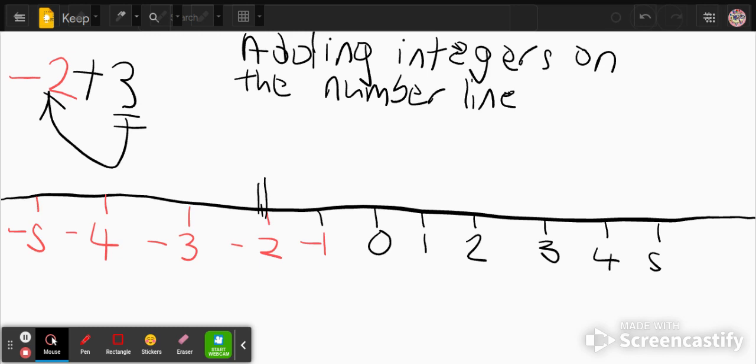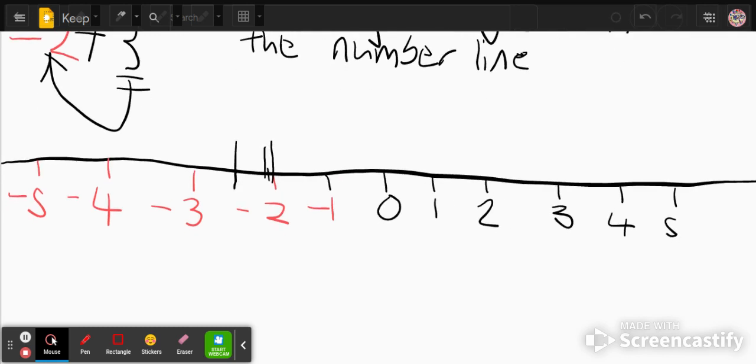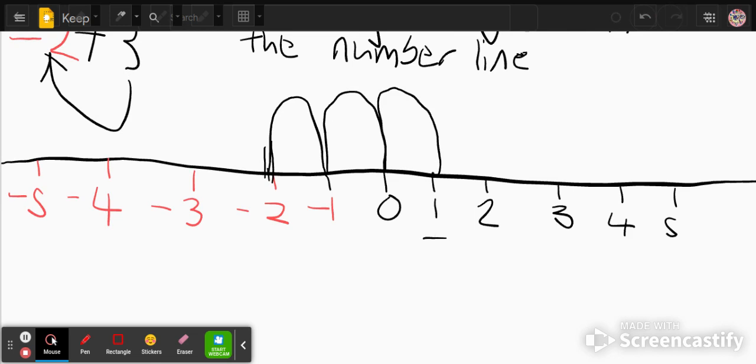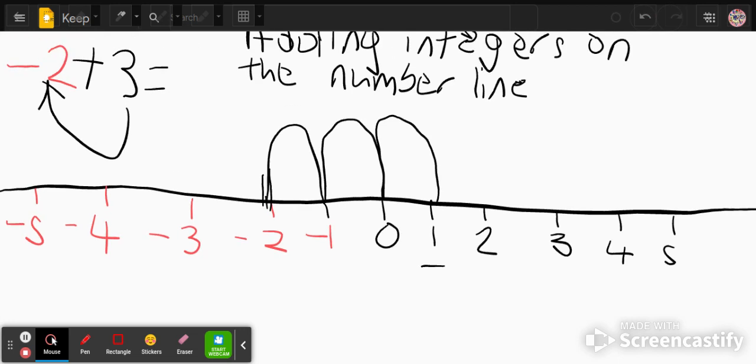So it would be 1 space, 2 space, 3 space. And what did we land on? Positive 1. So therefore, negative 2 plus 3 gives you positive 1.